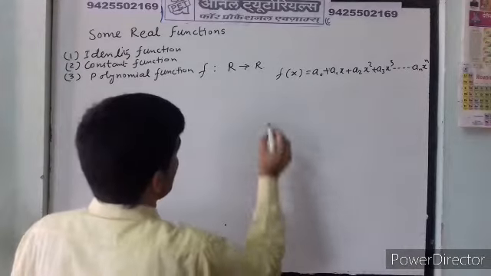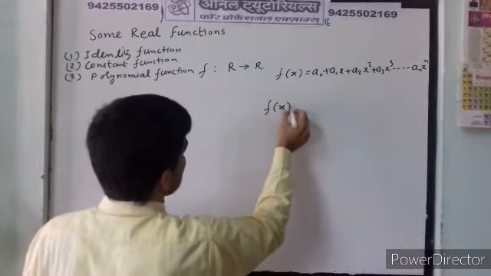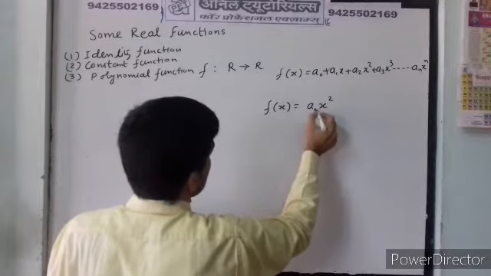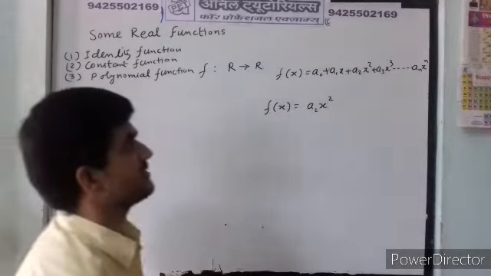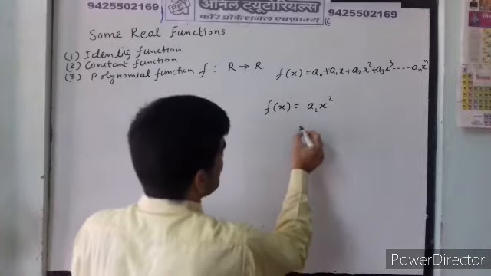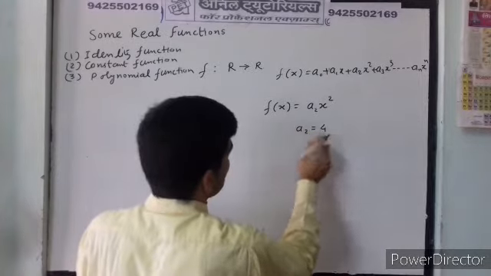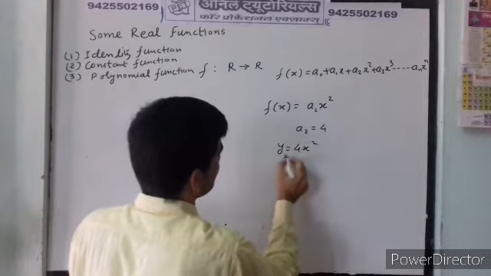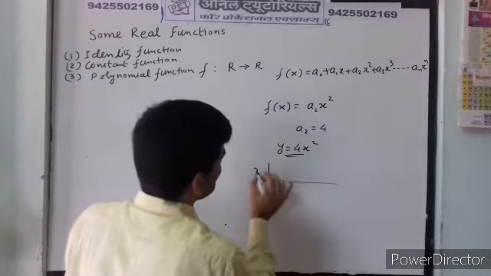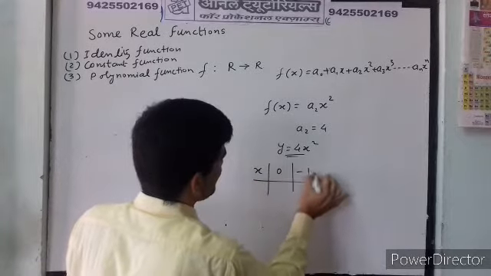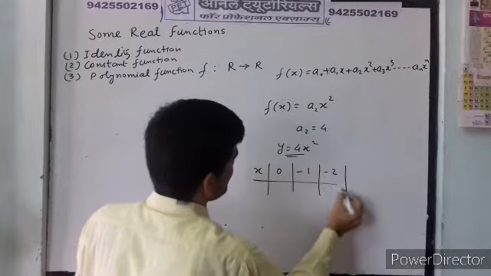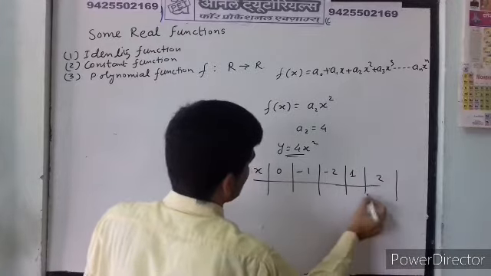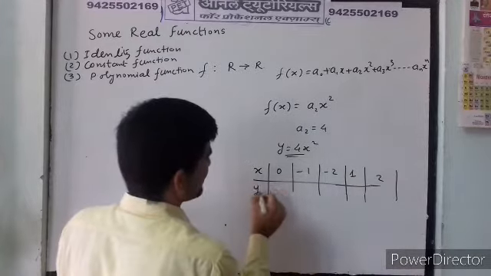I am taking a simple polynomial function to show with a graph. Say I am taking f(x) equal to ax squared. Taking any value of a, suppose a is equal to 4, that is the arbitrary constant. So we have y is equal to 4x squared. When you put different values of x, suppose x equal to 0, minus 1, minus 2, plus 1, plus 2, what shall you get? When you put x equal to 0, you get y equal to 0.